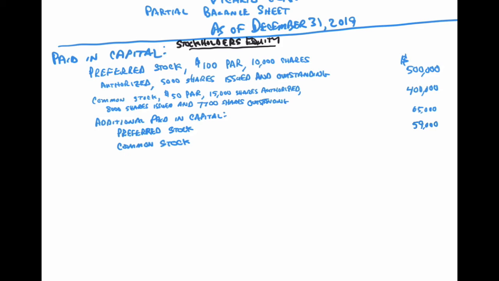And then we have from treasury stock preferred. This is also additional paid in capital, but remember, this is when those shares that we bought and then later resold at an additional 4,700 above what we paid for it, and that's going to be additional paid in capital.